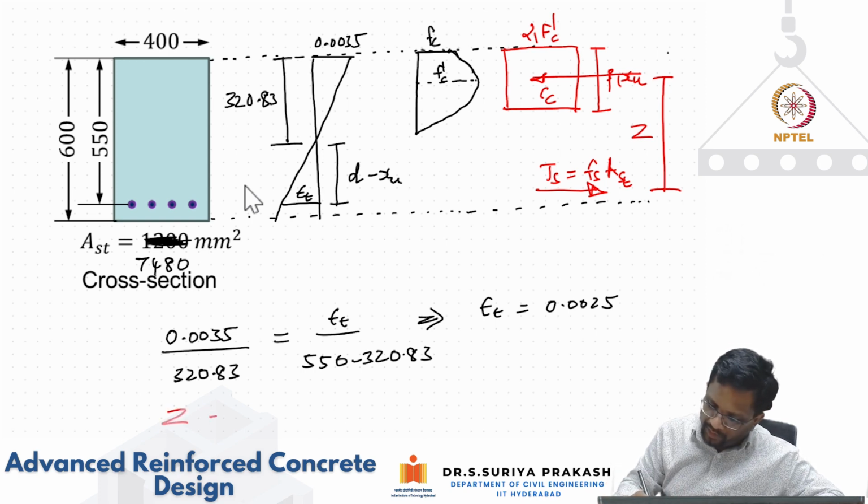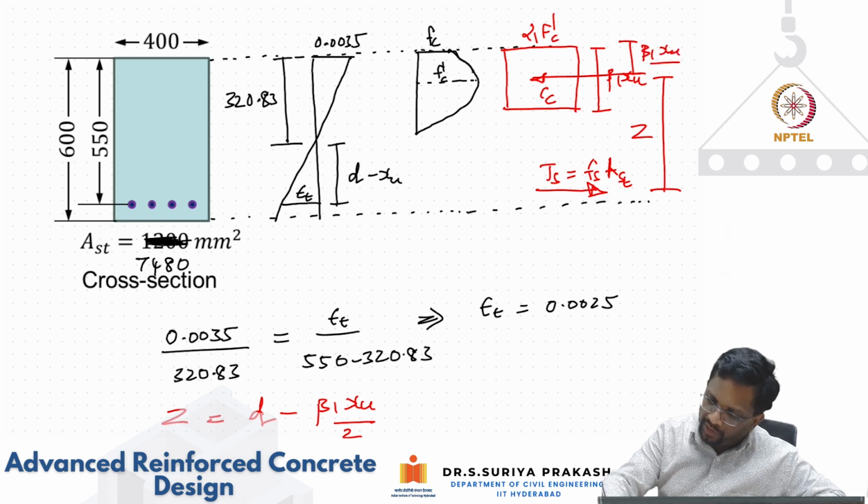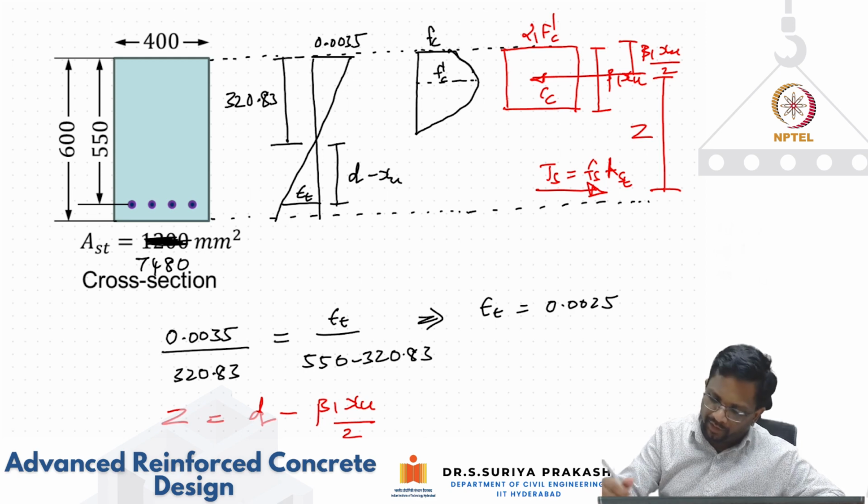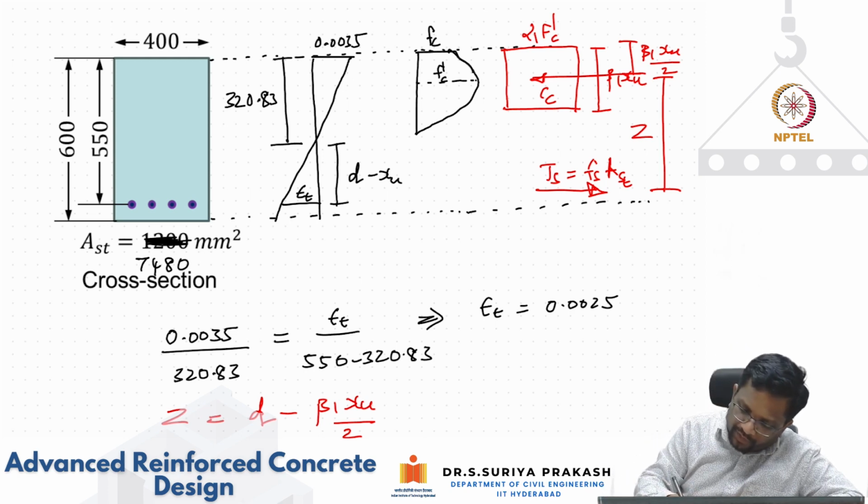The lever arm is nothing but your effective depth d minus beta 1 Xu by 2. So this distance is your beta 1 Xu by 2, and this is your effective depth.